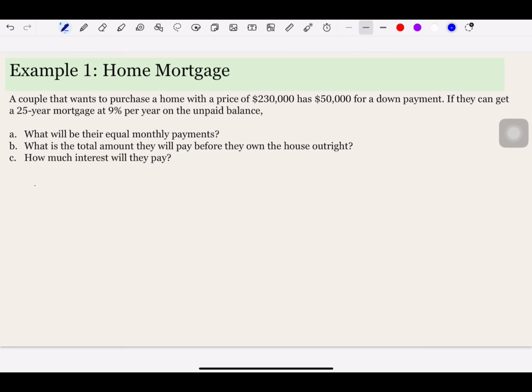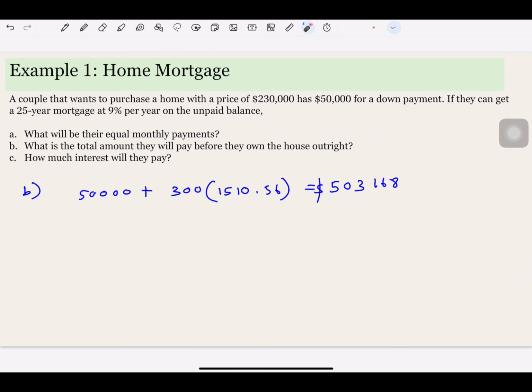So it's going to be the down payment plus the payments that they have made over the 300 periods. If you use your calculator, it's going to be $503,168. So this much money is what they need to invest to own this house.